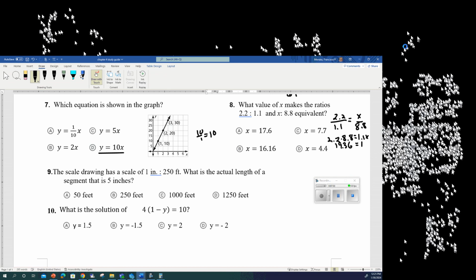And now we've got to divide 1.1 away from X. Whatever I divide from one side, I do to the other. And that's going to give me 17.6.